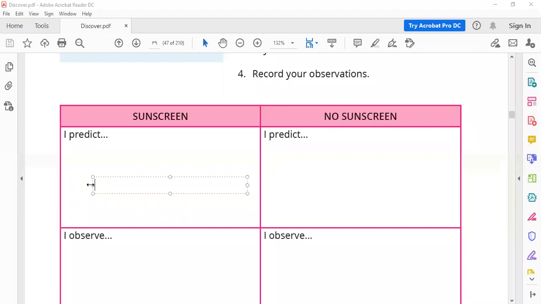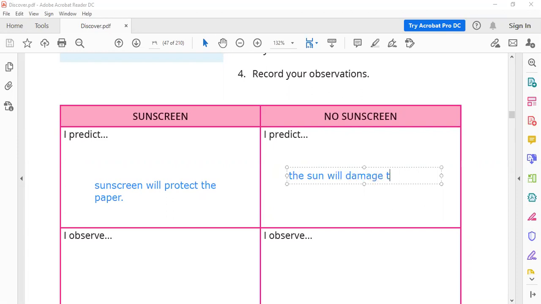The part with sunscreen will protect the paper. The sun will damage the paper.